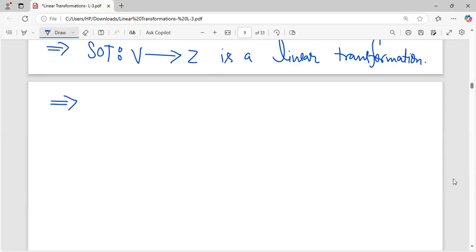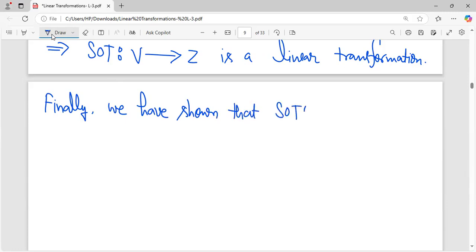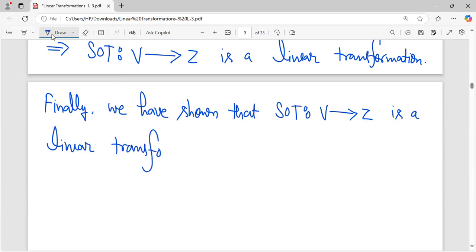Finally, we have shown that S composed T from V into Z is a linear transformation which is 1-1 and onto.